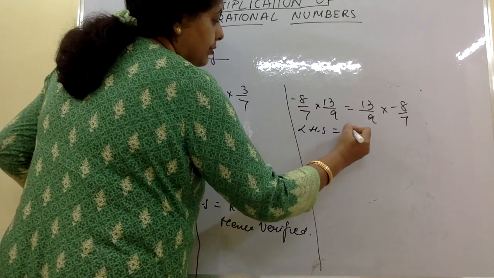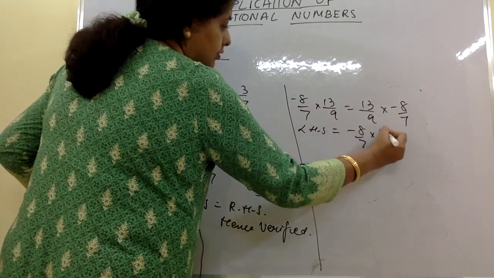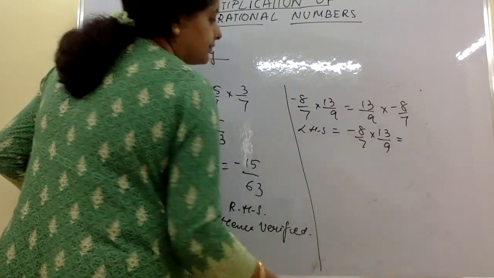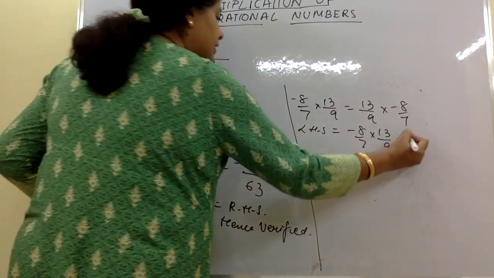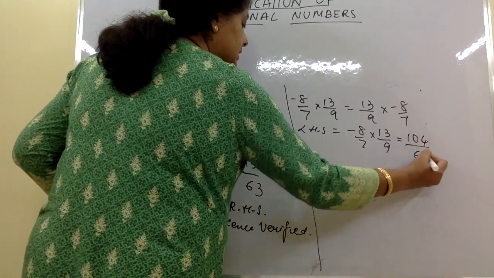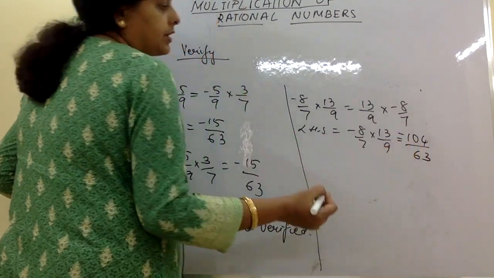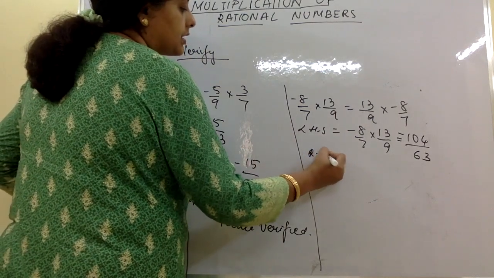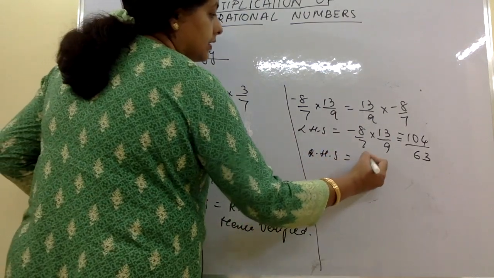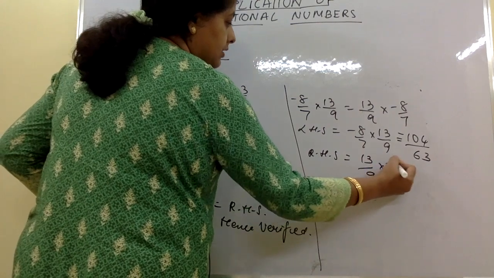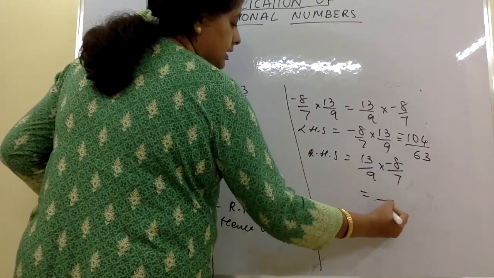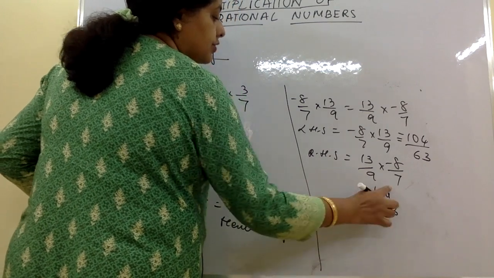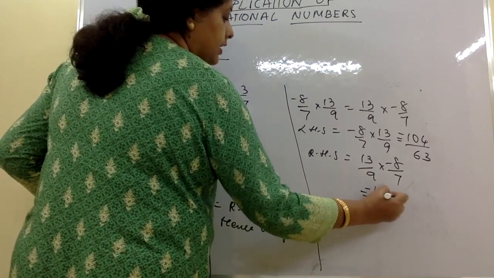LHS is minus 8 by 7 into 13 by 9. See, nothing is cancelling, so it is 104 by 63 and a minus here. And RHS is again 13 by 9 into minus 8 by 7, which is again minus 104 by 63.